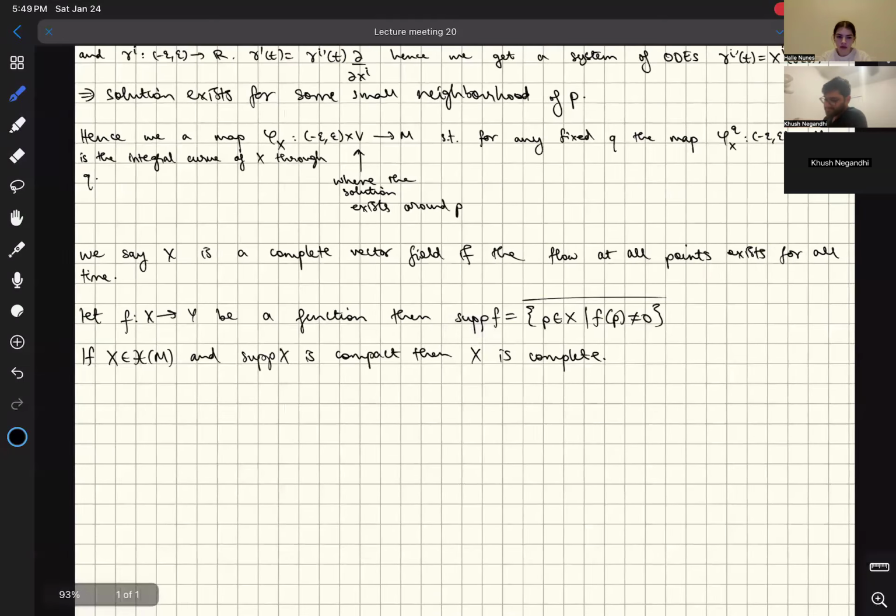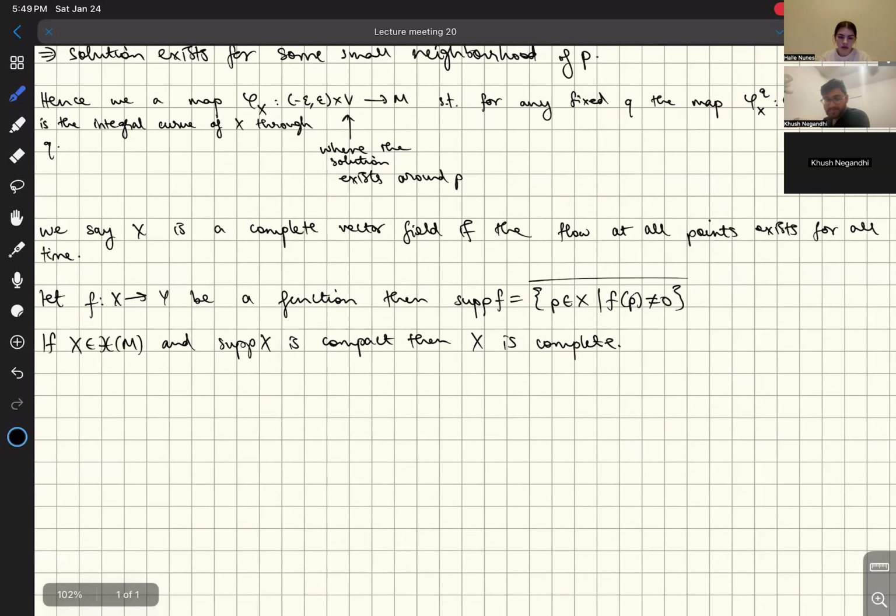The proof of this follows from the fact that the support is compact. You basically break the manifold up into two regions. One is the support of X, and one is outside the support of X. Outside the support of X, the vector field is just zero.